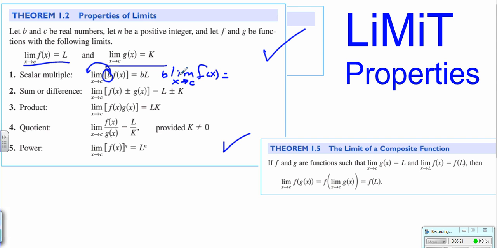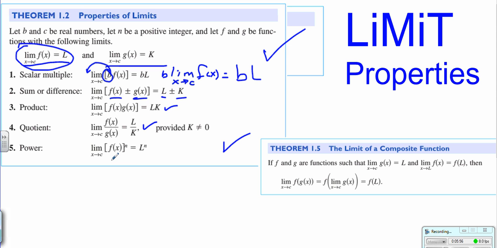Well, then it's just going to be b times L, since the limit of f of x is L. The sum or difference one, if I have two functions added or subtracted together, I can simply take each of their individual limits and add them or subtract them. The same would be true of multiplication and of division.